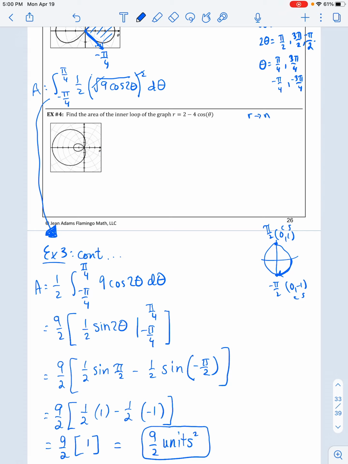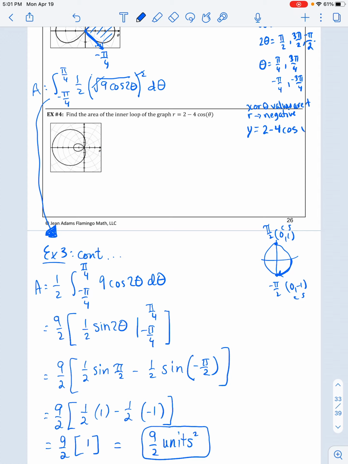Well, remember that we said the inner loop is when your r values are negative and your theta values are positive.